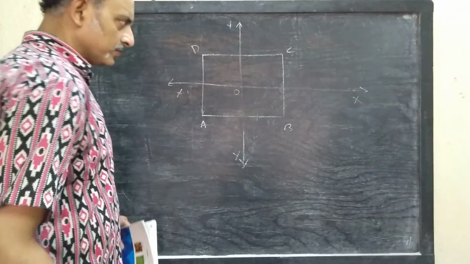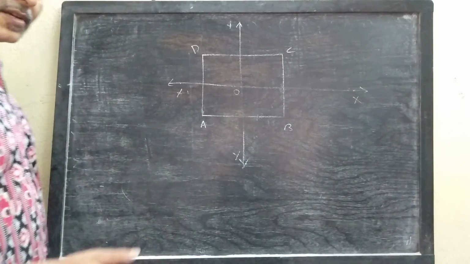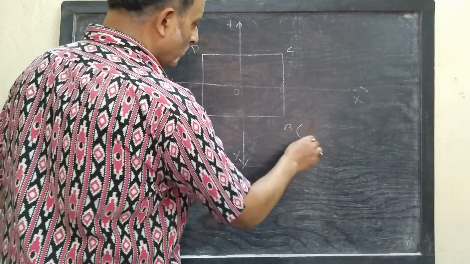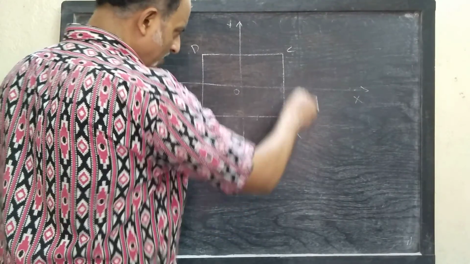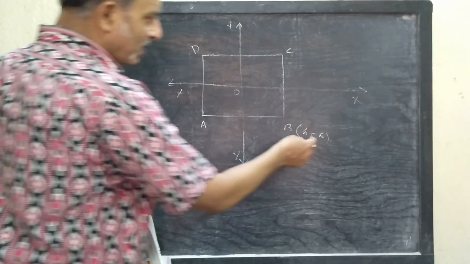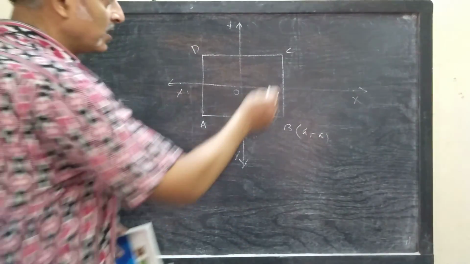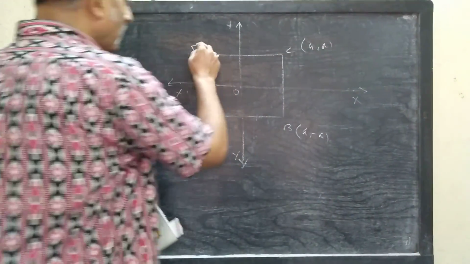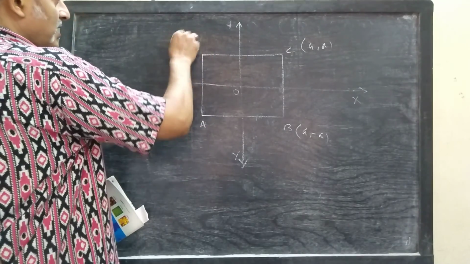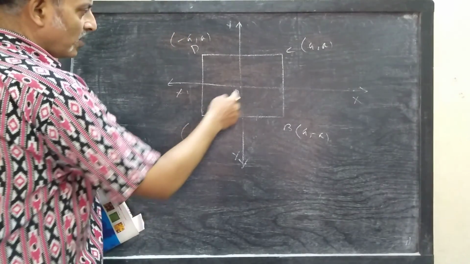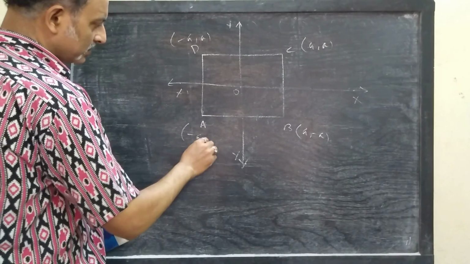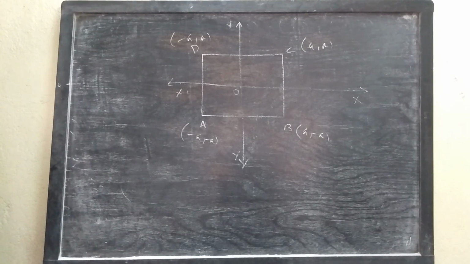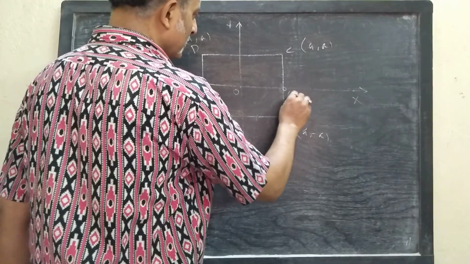This is the origin. So each side is of length 2a units. So this portion will be a, this portion will be a. So the coordinates of B will be a, minus a. Look, y is minus a because this lies below the x-axis. The coordinates of C will be a, a. The coordinates of D will be minus a, a. The coordinates of A will be minus a, minus a. Okay. And these points they have not asked.